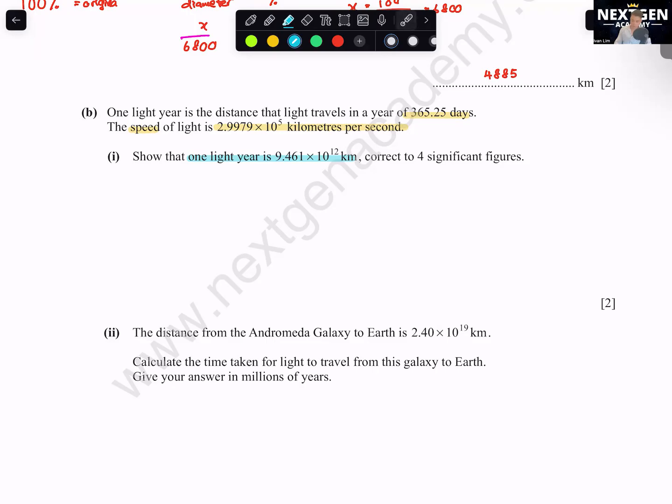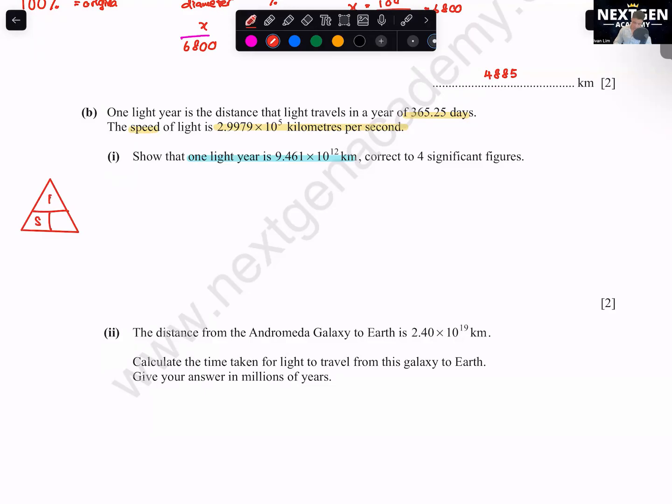1 light year represents what? If you don't know what they are asking you here, look at the units. km, distance, days. The formula that we are going to use here is speed, distance, and time. So we use this triangle here.